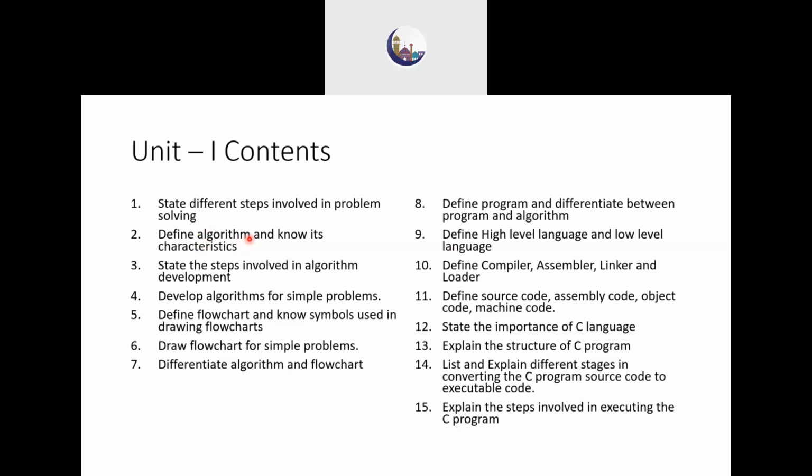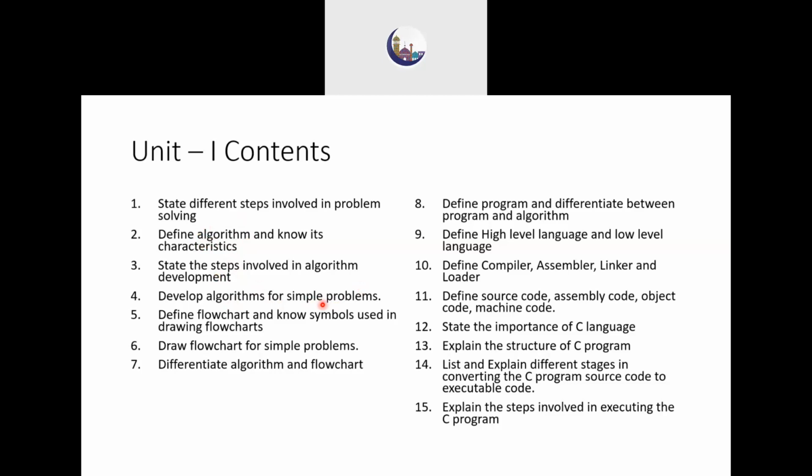Then we'll learn, whenever we want to write an algorithm, what basic steps are needed to write that particular algorithm. Then using those steps, we'll try to develop certain algorithms for simple tasks.